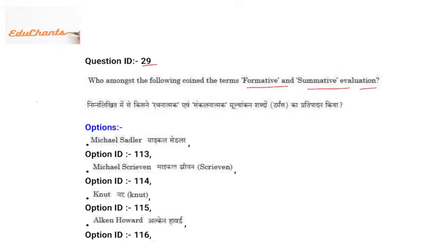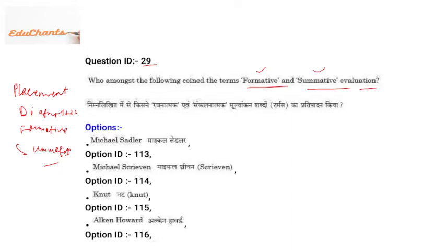Now see, evaluation is of 4 kinds: placement, then diagnostic, then formative, as well as summative. Out of those, formative and summative evaluations were coined by whom?